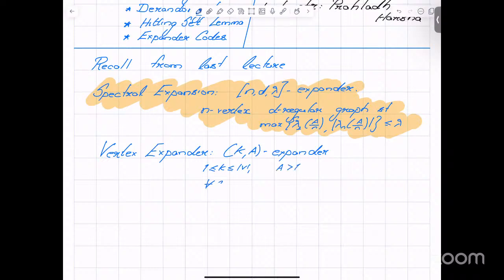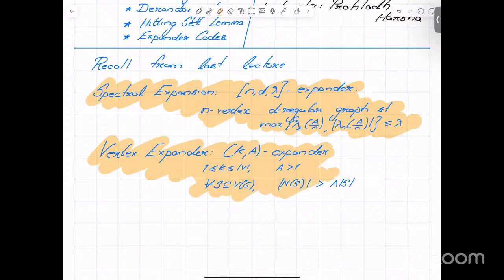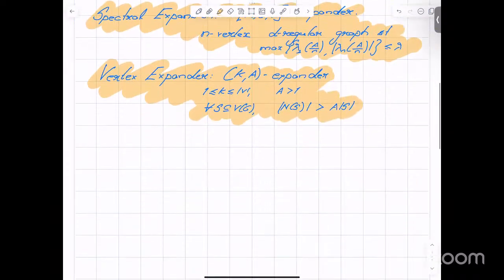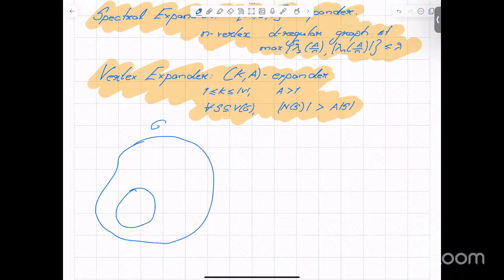This says that for all S subsets of the vertices of G of size at most K, the neighborhood of S is of size at least A times the size of S. Basically, we have a graph G, and we look at the neighborhood of S: everything to which there's an edge.